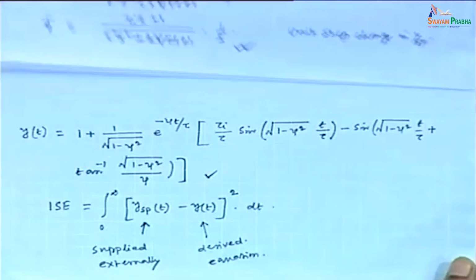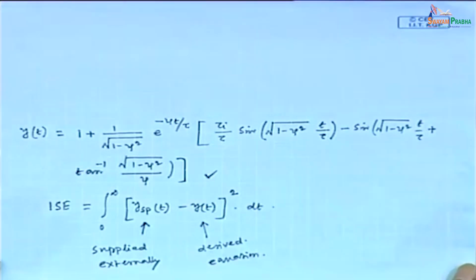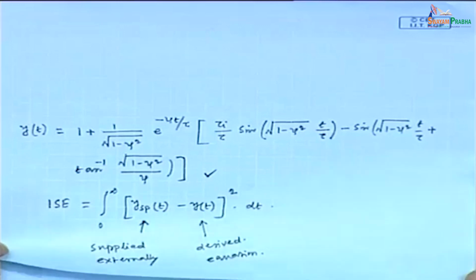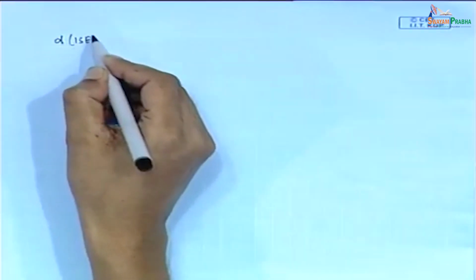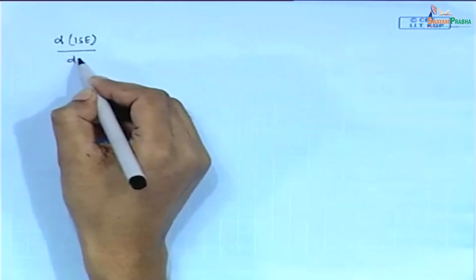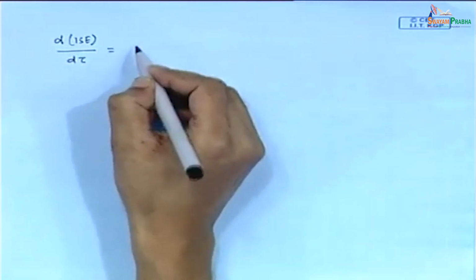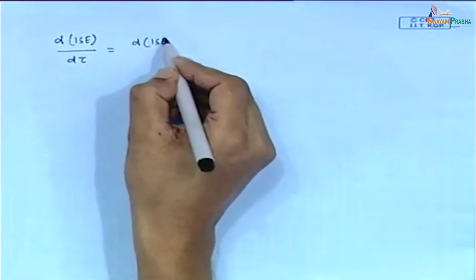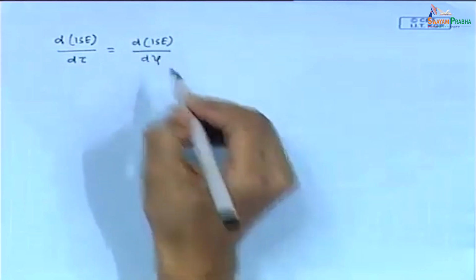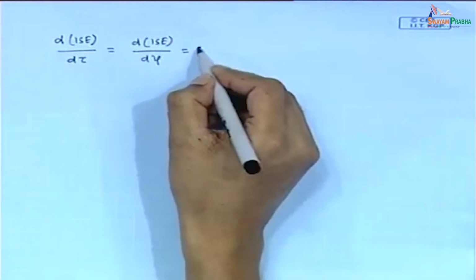Now, what is our target? What is required to do? The IAE should be minimized with respect to tau and with respect to zeta. Fine.